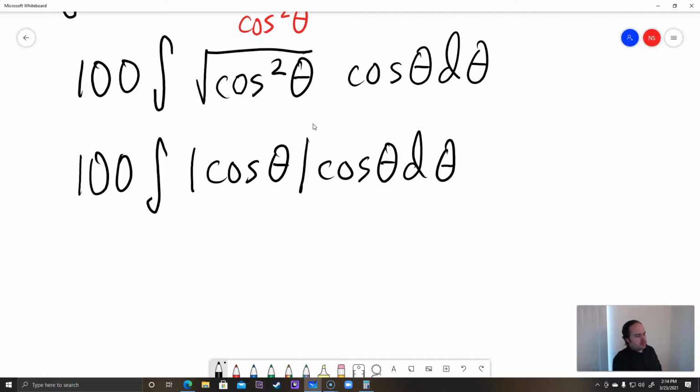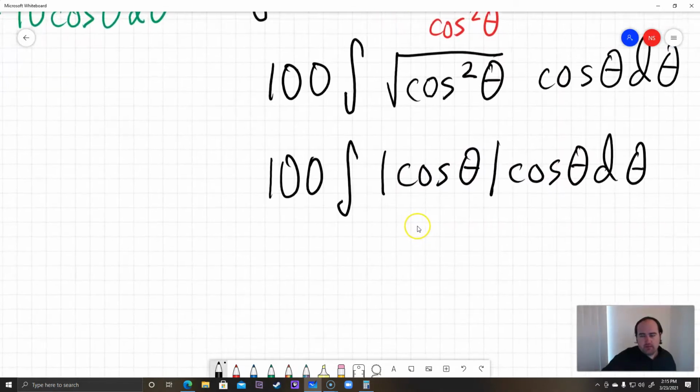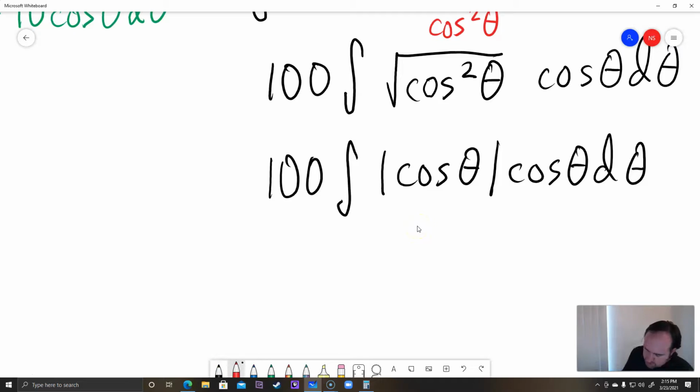So what do we do with this? Well, in particular, what are we supposed to do with the absolute value? Well, just like before, because we're talking about a right triangle here, and theta has to be between negative pi over 2 and pi over 2, cosine of theta is greater than 0 on that interval.